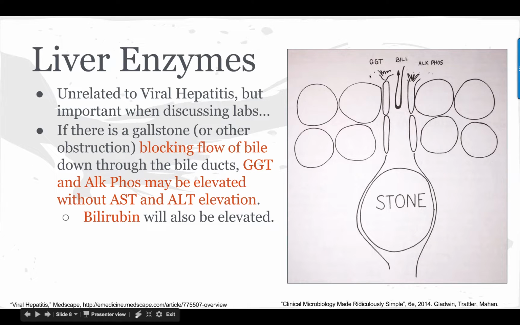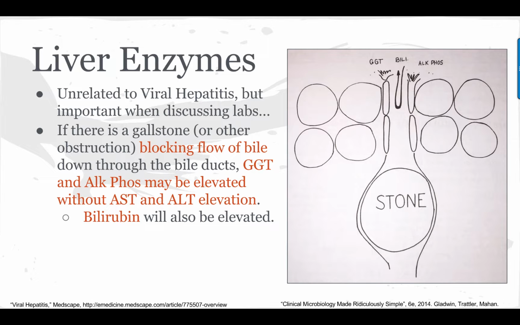So you're going to see an elevated GGT and an elevated alkaline phosphatase, but the hepatocytes are just fine. They're not injured. And so this is a situation where you would see normal AST, normal ALT, but increased GGT and alkaline phosphatase, as well as bilirubin.